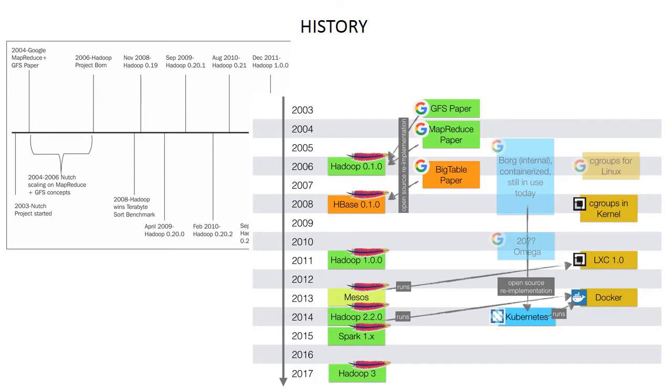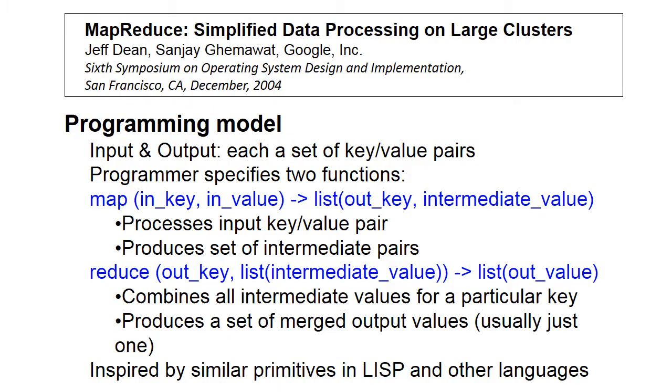So we also talked about the different versions of Hadoop and how resource management and computations became increasingly sophisticated with newer and newer versions being developed. Okay, so that was a brief refresher on last week's work.